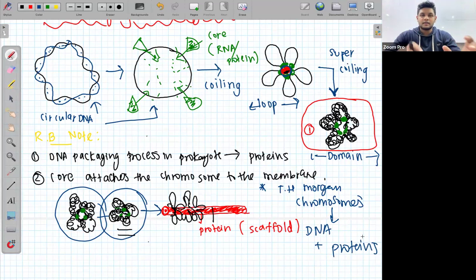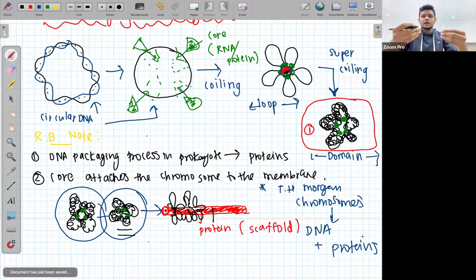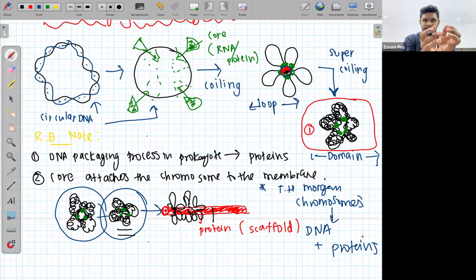Roughly, what happens is the DNA present in circular shape will be changed into a loop-like shape with the help of those cores. Those cores will be binding it tightly into loop shape. Those loops will form a hole-like shape at the center.